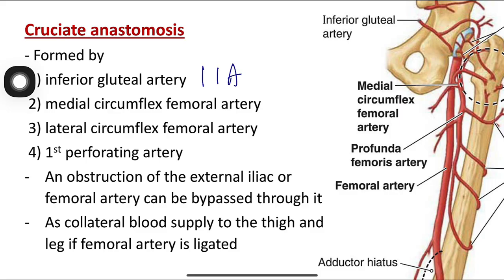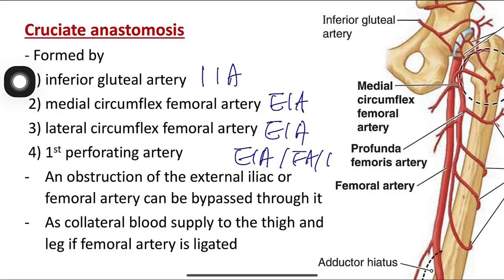Am I right? And the medial circumflex is from the deep femoral artery. The deep femoral artery is from the femoral artery. It's from the external iliac artery. This one is in external iliac artery. This one also external iliac artery. You can say in this way, which is the femoral artery or a deep femoral artery. Okay, deep femoral artery.